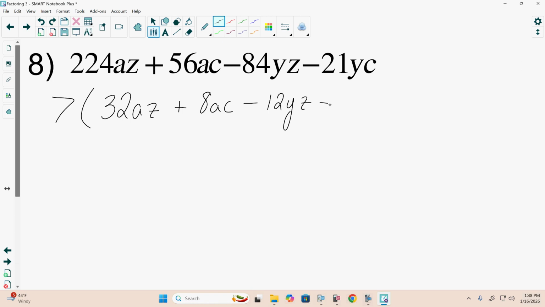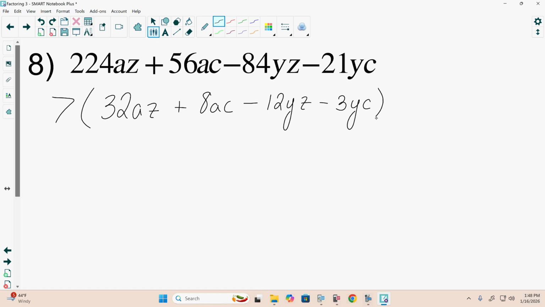Minus, we factor 7 out of 21, we get 3yc. Would I be incorrect in saying that these numbers are a lot nicer than what we started with? I would rather work with 32, 8, negative 12, negative 3 than 224, 56, negative 84, negative 21.